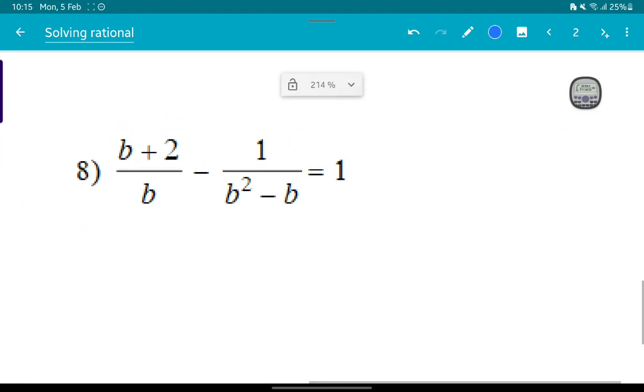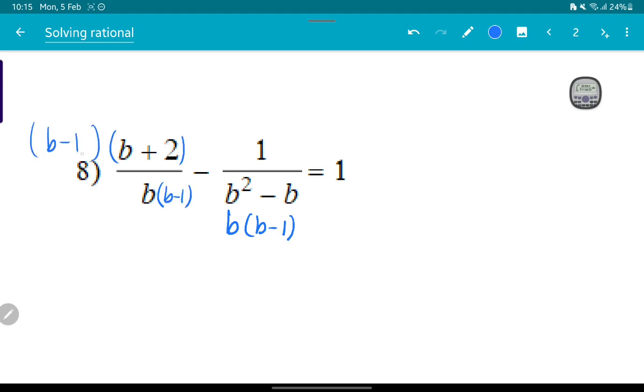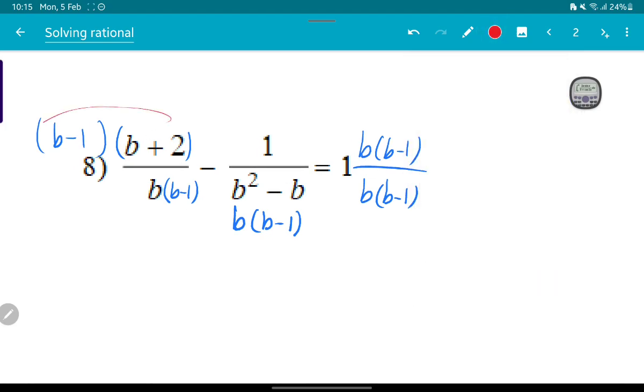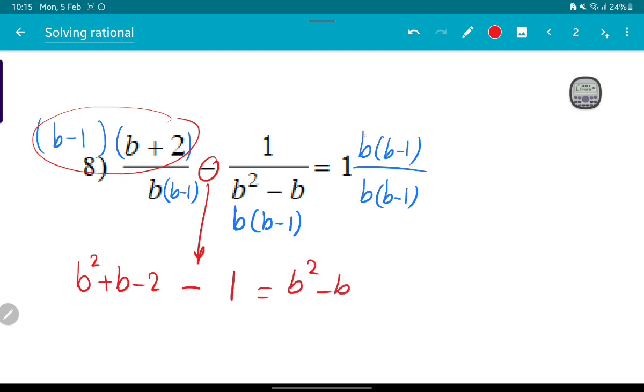And we will do the following by the same idea. Let's have this. You need to factorize b minus 1. So you need to multiply this by b minus 1 up and down. Here we have b minus 1, b minus 1. Expand this, b squared plus b minus 2 minus 1 equals b squared minus b.